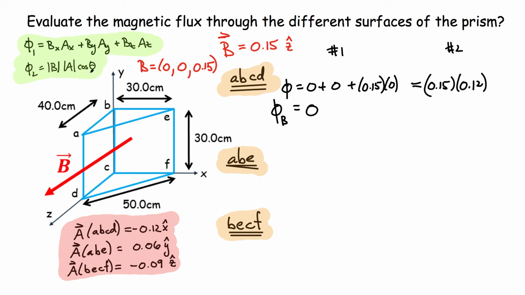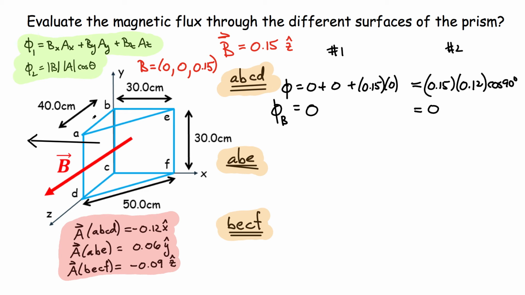However, now the last part says cos of the angle between the area vector and the magnetic field vector. Well, the area vector for this guy points in the x hat direction, and that means the angle here has to be 90 degrees, and cos of 90 degrees gives me 0. Okay, so we get 0 for both of those cases, as you would expect. Both methods have to give you the same answer at the end of the day.